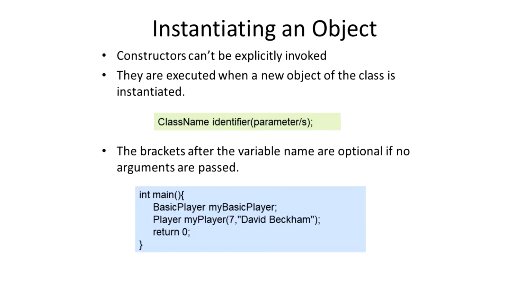Alright, so when we talk about creating objects of classes, we're essentially creating a variable of class type. You may have heard objects referred to as an instance of a class, and that's exactly what they are, because we can create multiple instantiations of that class type in the form of objects, or variables, if you like.